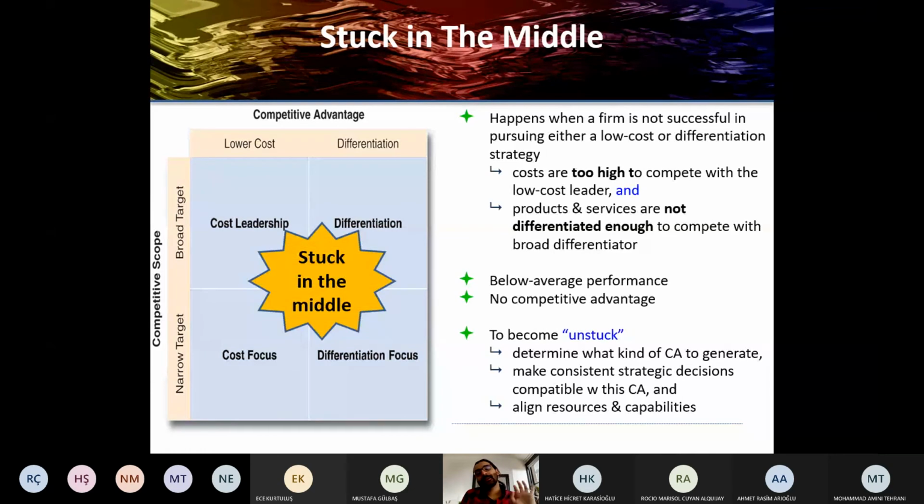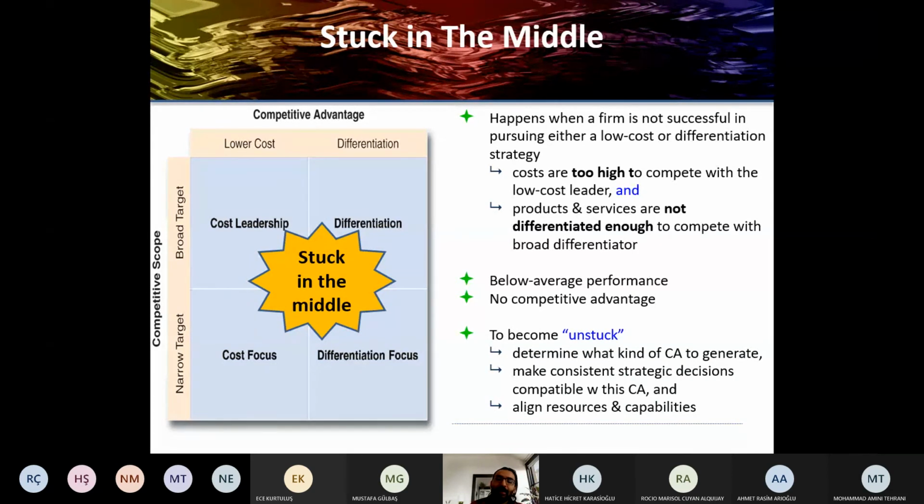There's an important discussion as well: being stuck in the middle. Porter says that you need to choose between cost leadership and differentiation strategy. If you at the same time want to be a cost leader, but also want to differentiate your products, you could be stuck in the middle. However, not everyone agrees with that.